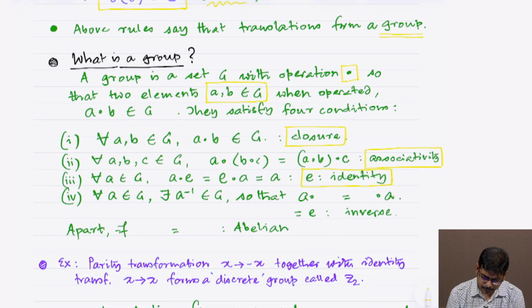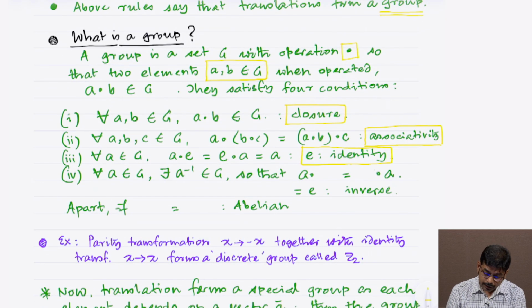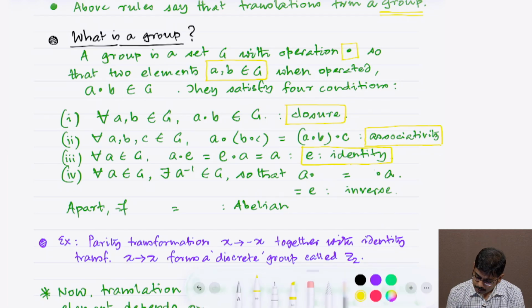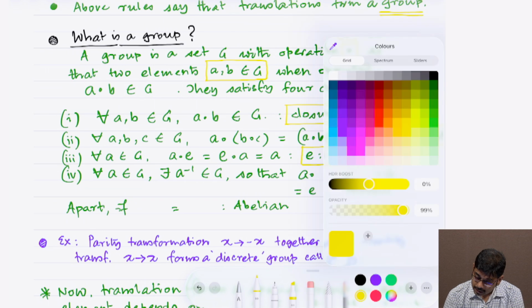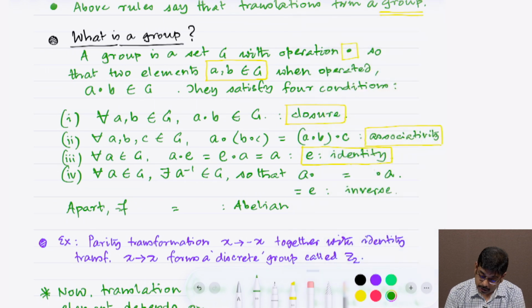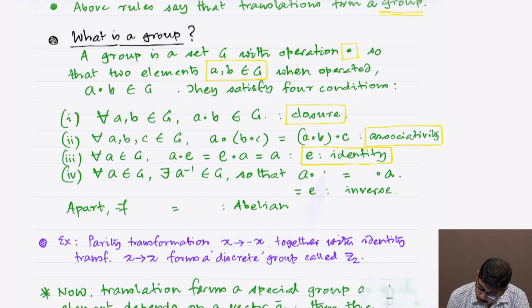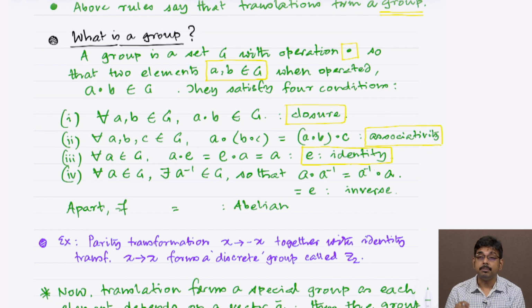Then there is another important point that you must resort to in order to form a group: for each element A belonging to G, there must be an A inverse belonging to G, so that when you operate A with A inverse, regardless of direction, A dot A inverse or A inverse dot A, this brings me back to the identity, right.